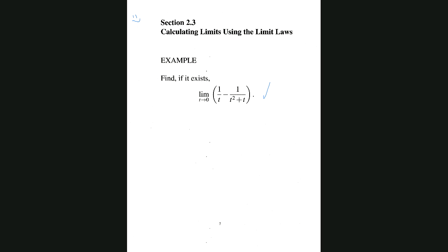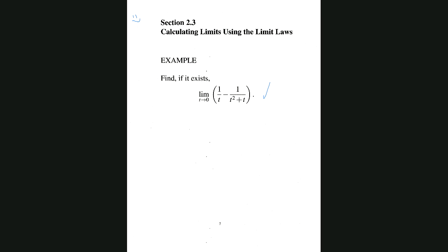Clearly, we can't plug in 0 for t because this difference of these two rational functions is not defined at t equals 0. But I like what Nicholas said there, and I like what Ian said. I see the difference of two fractions.